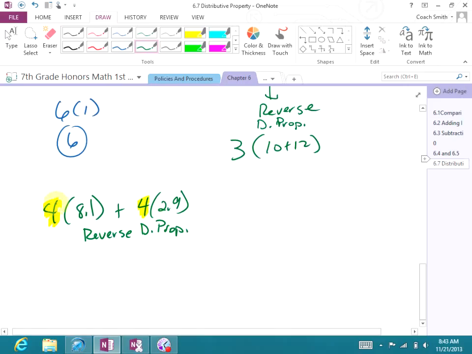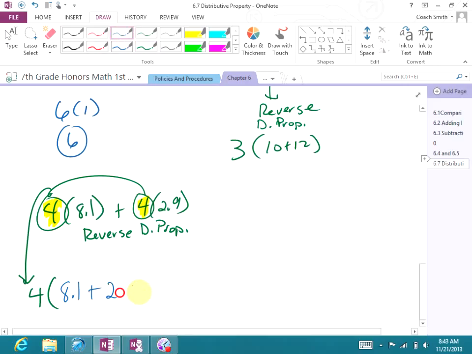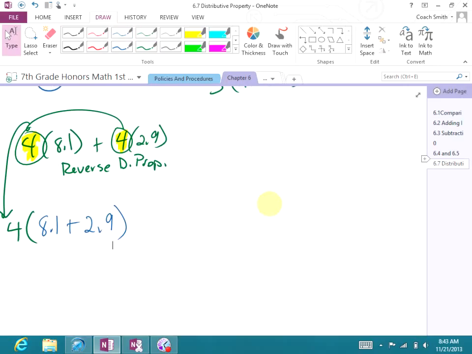So that means the 4 here and here come to the outside of the parentheses. On the inside of the parentheses, we have 8.1 plus 2.9. Okay, well, 8.1 and 2.9 is what? 11. So 4 times 11. 4 times 11? 44. Yep.